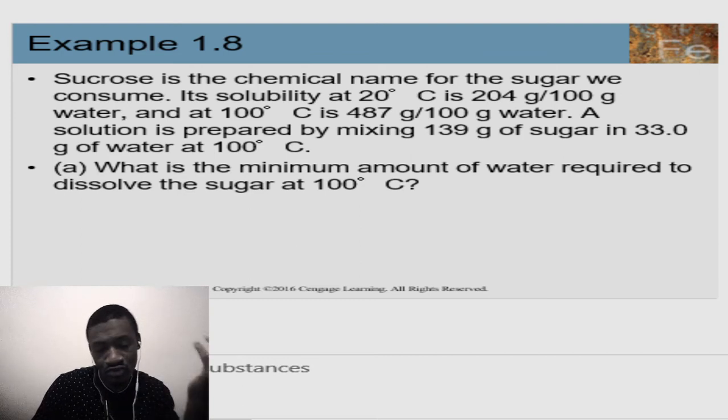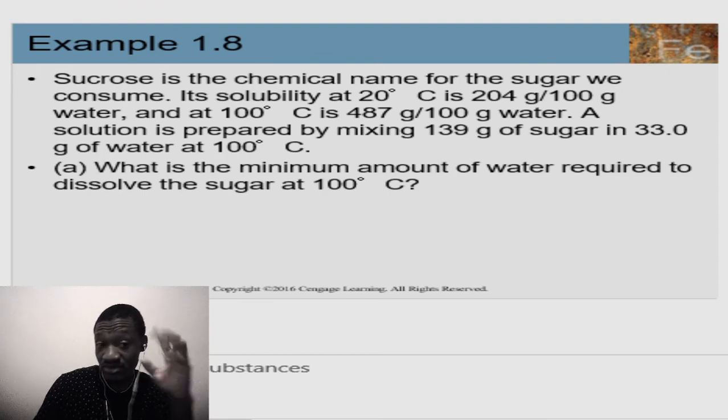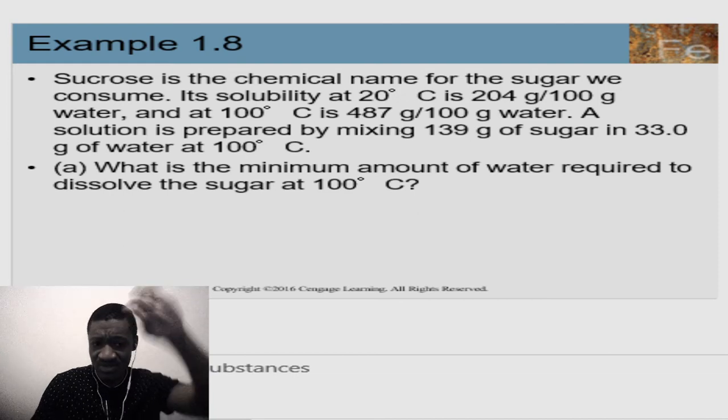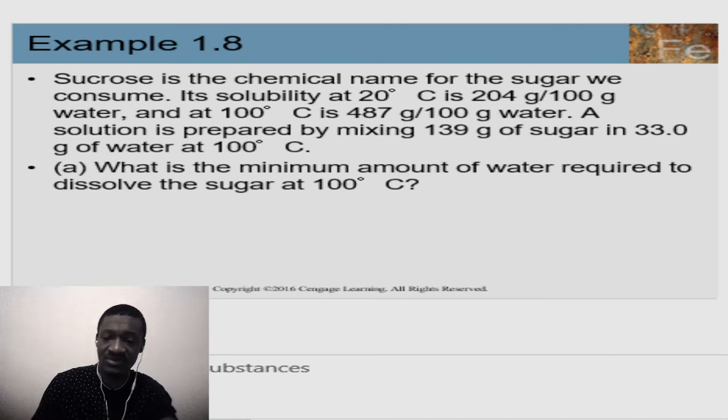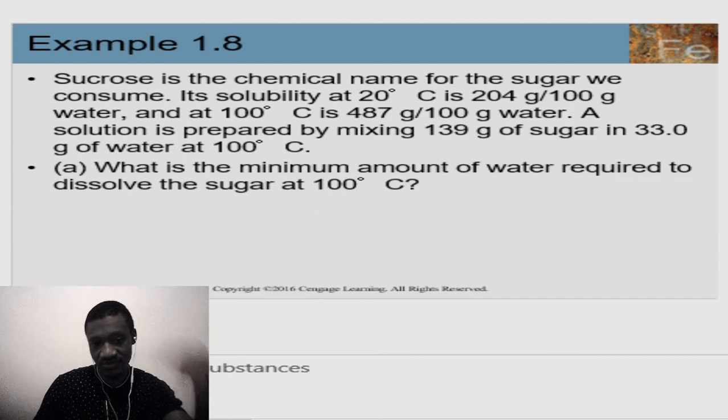That's why it's called fructose, fruit. So it's soluble at 20 degrees Celsius, and it's 204 grams in 100 grams of water. So notice that the first amount is the amount of the sugar, the second amount is the amount of water that it can dissolve in.